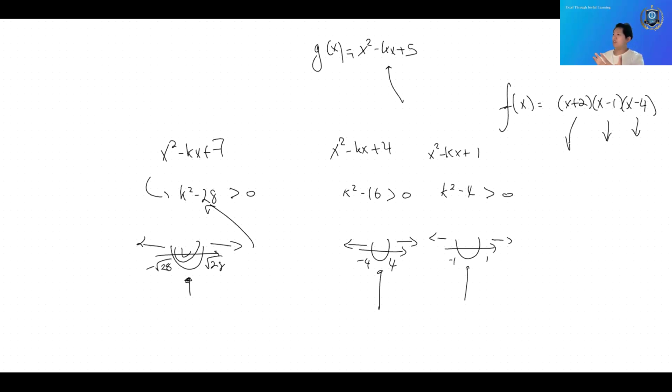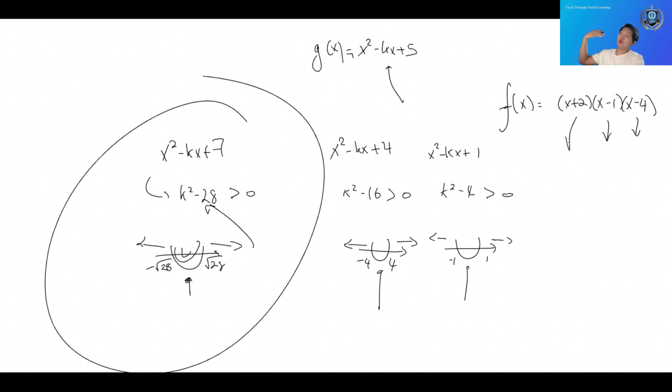If it's bigger than root 28, it's of course bigger than 4 and bigger than 1. If it's less than negative root 28, it's less than negative 4 and negative 1. So as long as this criterion is met, I always have two solutions for the remaining two.